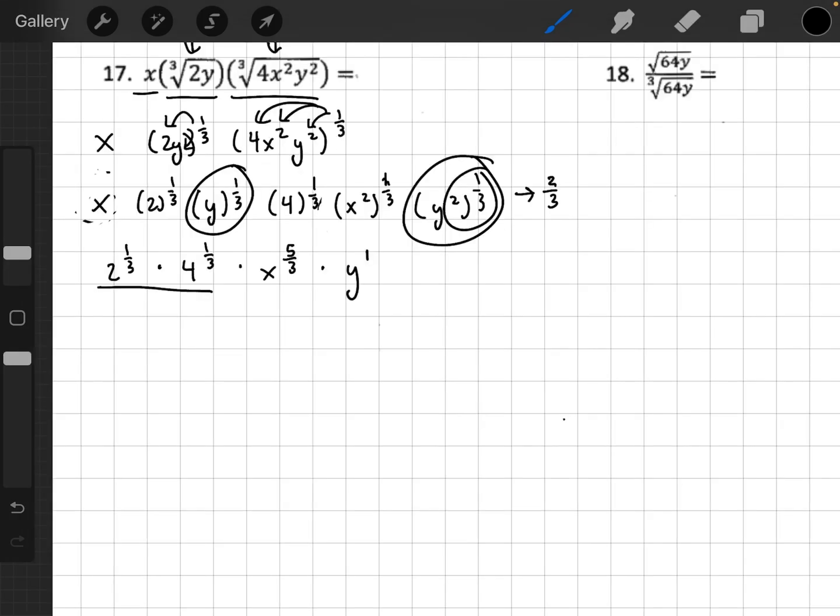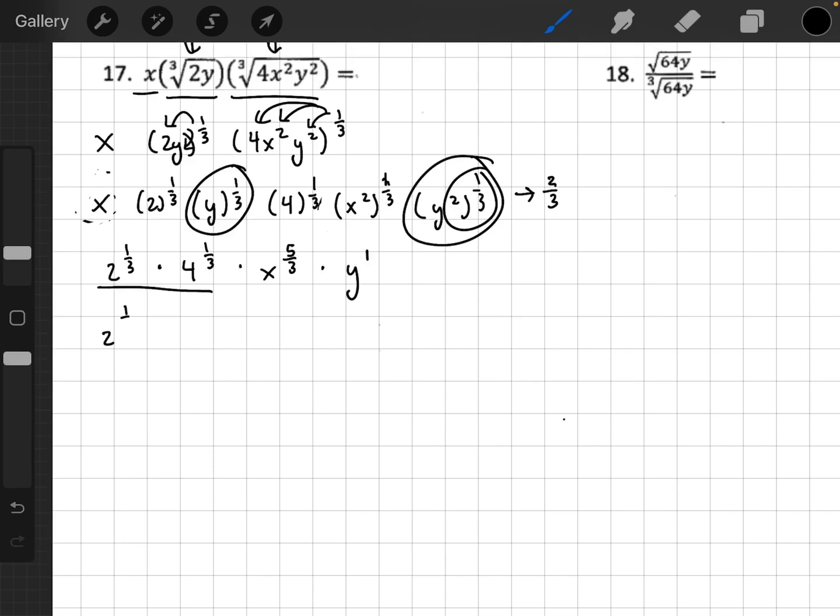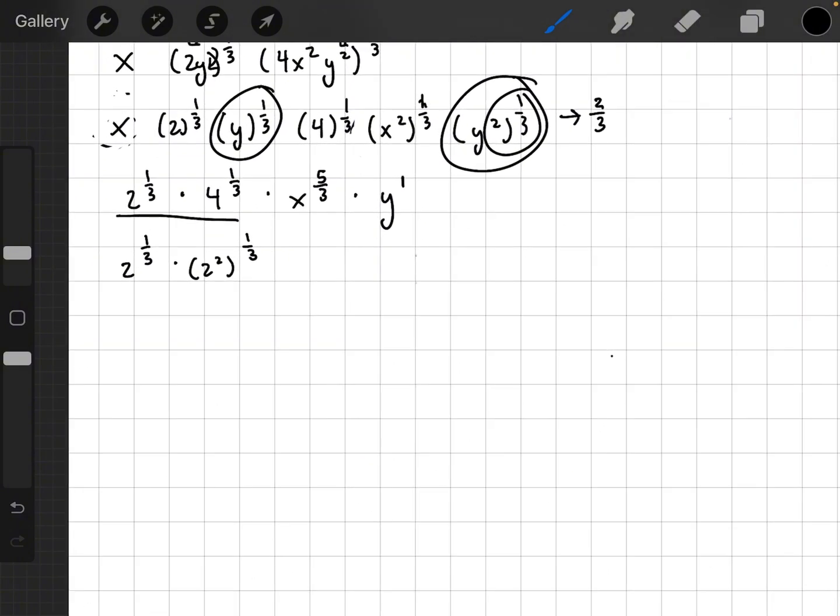And focusing on this term here, in order to add exponents together, we'll have to make sure that these are the same base. So we can change 4 to 2 to the power of 2 in order to have them match bases. Multiplying these two exponents together, we'll have 2 to the power of 1/3 times 2 to the power of 2/3.